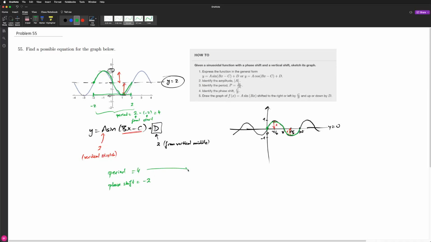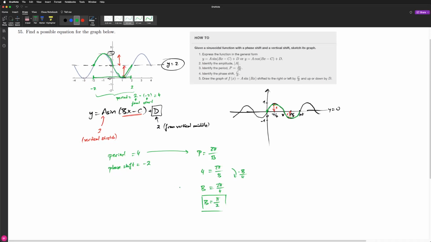So let's first find B. Period is 2 pi over B. And my period is 4, so 2 pi over B equals 4. That would make, multiply both sides by B and divide by 4, B equals 2 pi over 4, or B equals pi over 2. And once you know B, you can use the phase shift formula. Phase shift is C over B. My B is pi over 2, and my phase shift is negative 2.